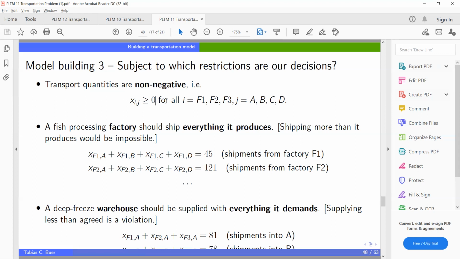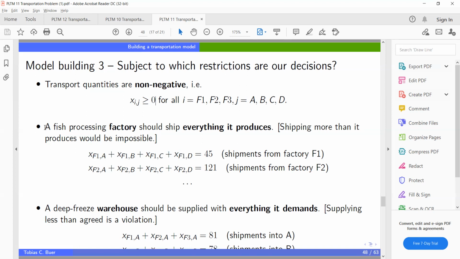And you see, we again have this notation that we write that this should be true for all values of I from F1, F2, F3, and for all values of J, A, B, C, D. So actually there are 12 decision variables and each one should be bigger or equal to 0. This is the first thing.